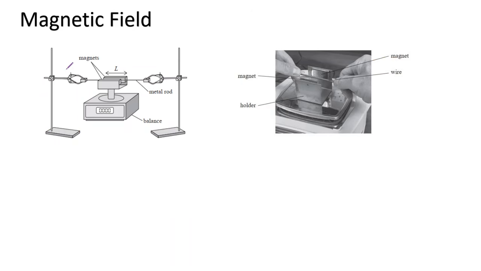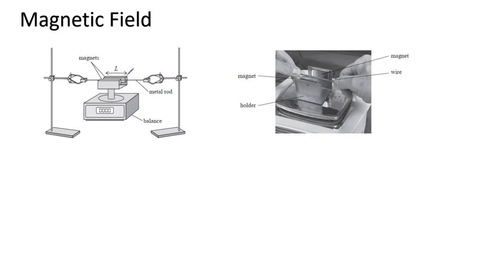Then we move on to magnetic fields. Both these questions are from two separate recent years, and this question can be a mathematical question or a theoretical question as well. Let's start with this one.